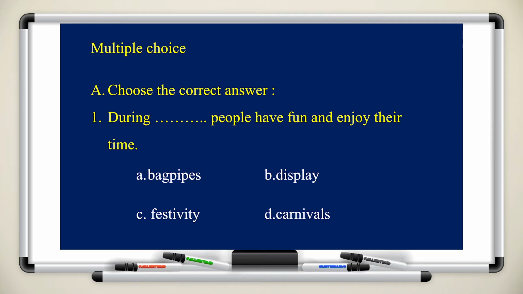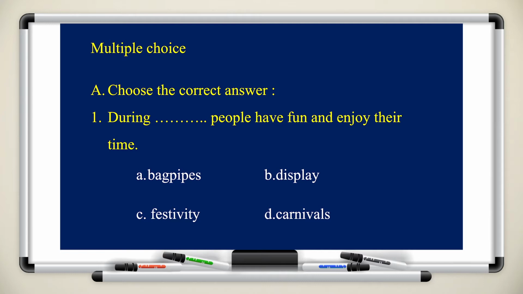A. Bagpipes. B. Display. C. Festivity. D. Carnivals. If you remember, let's take for example A, bagpipes. We explained it before and we said that it is a musical instrument. So this is not the correct answer. How about display? Display means to show something.